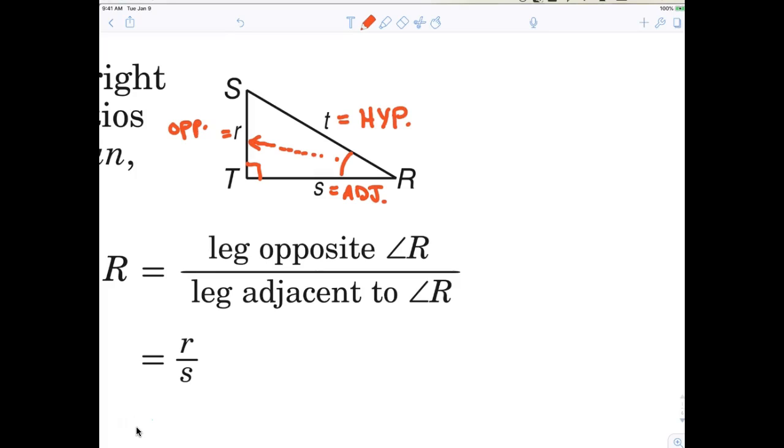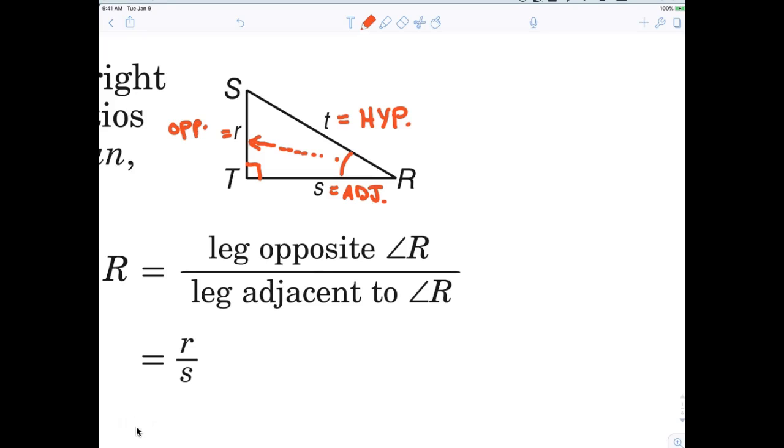Now believe it or not, and we'll get into more details later, the angle measure is formed by the ratio. So each angle has a unique ratio. If I said, for example, what is the cosine of 30 degrees?